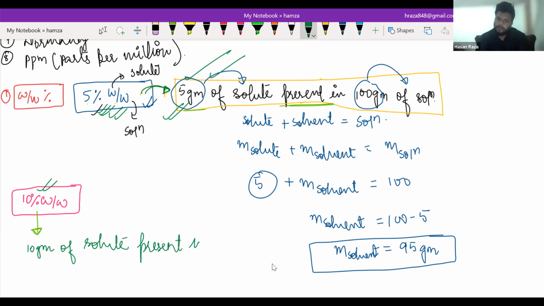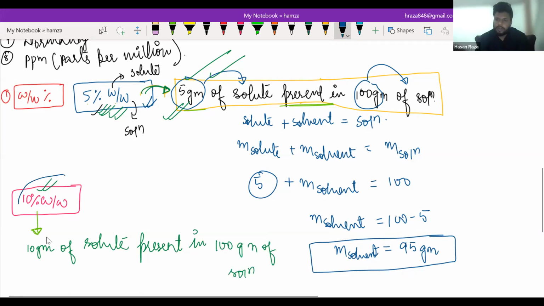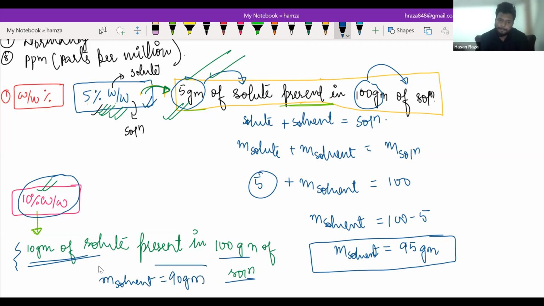Very good. With a small quantity like this, you just make the whole sentence. So 10 gram of solute and 100 gram of solution. If I'm asking mass of solvent, that will be 100 minus 10, that will be 90 gram.